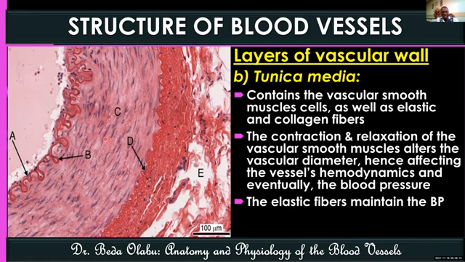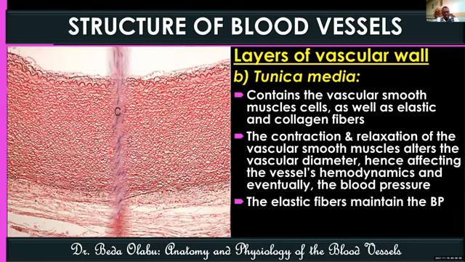The elastic fibers within the tunica media are primarily for maintaining blood pressure. It's because they can recoil, and when they recoil, the blood vessel does not lose much of its pressure. So it's for maintenance of blood pressure. Like in this image, we see a vascular wall with several elastic fiber lamellae along the wall.